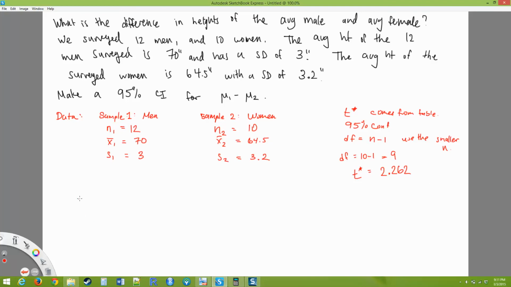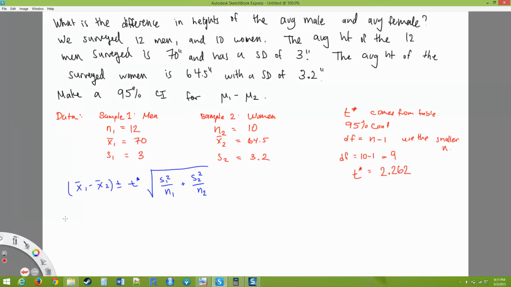All right, so let's plug all of this into our confidence interval. The equation for the confidence interval: x bar 1 minus x bar 2 plus or minus t star times the square root of s1 squared over n1 plus s2 squared over n2.